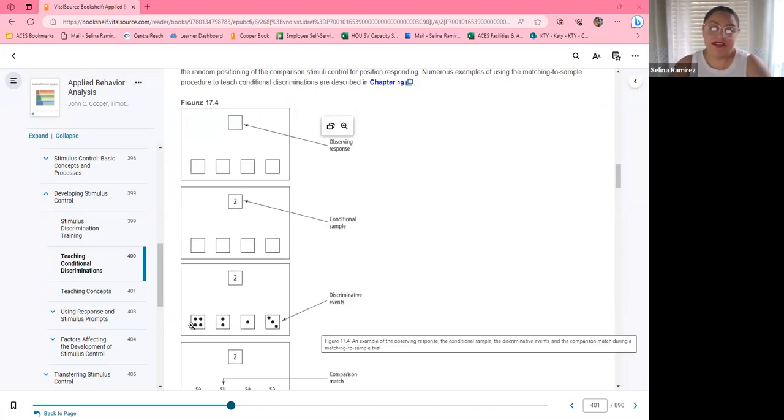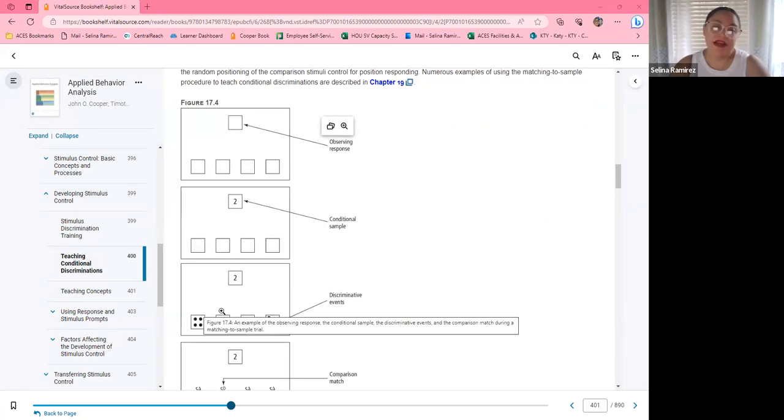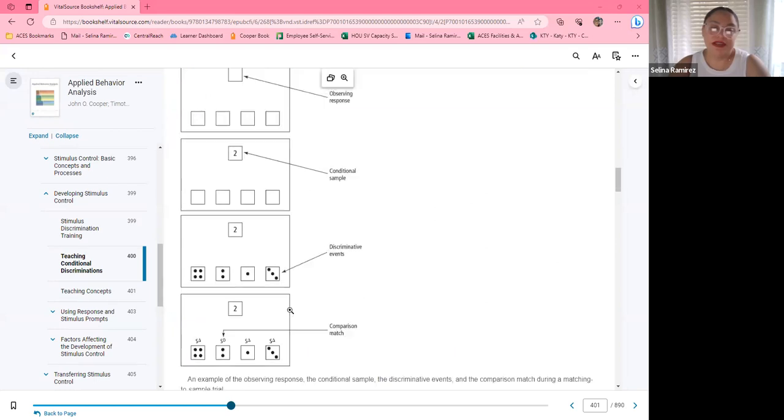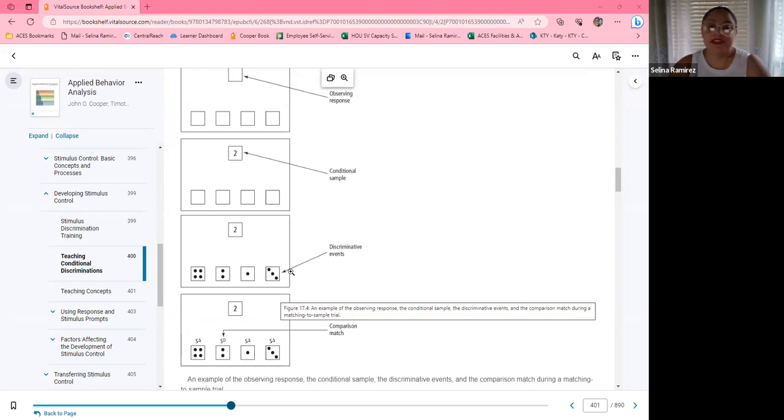And then these are your discriminative events. He's going to have to pick out of these 4 choices to determine which one is the SD. So which one is going to get me reinforcement? Which one is going to make my teacher so happy, and she says, yay, good job, and gives me a high five?